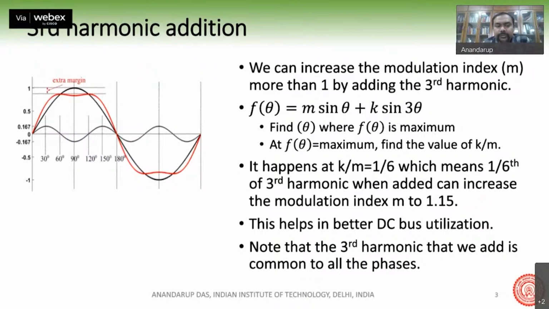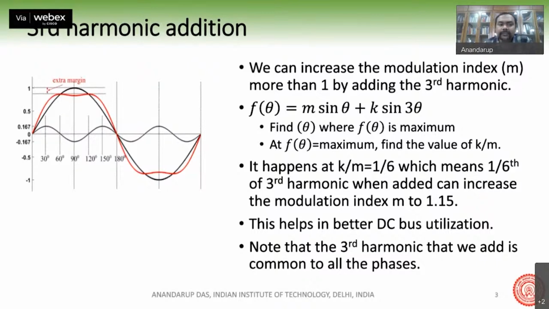When we add these two, we find that the resultant red colored waveform is going down in magnitude. Its amplitude is lesser than the black colored waveform, immediately indicating that there is now an extra margin by which we can increase the black colored waveform amplitude.